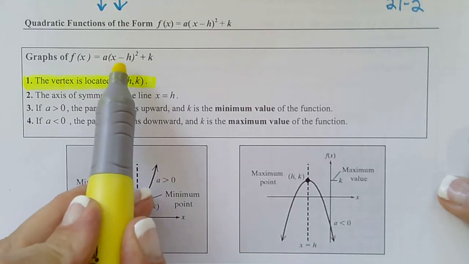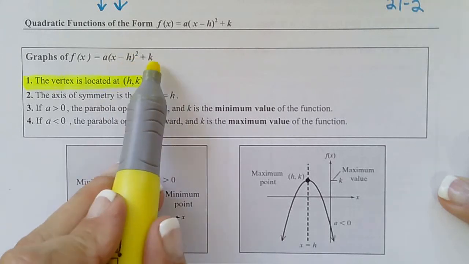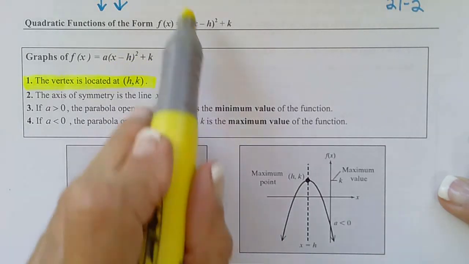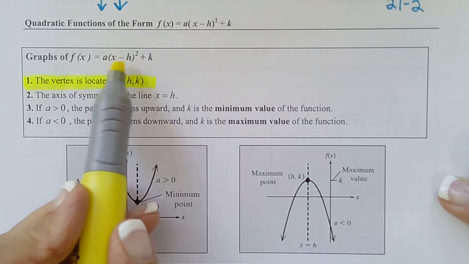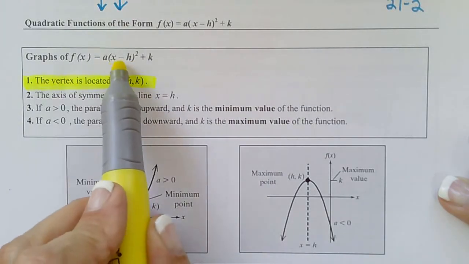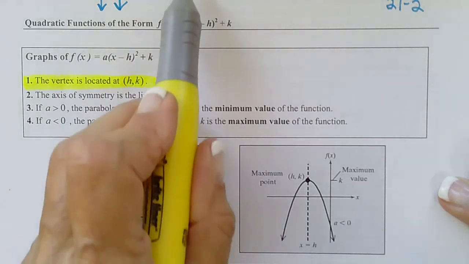So the vertex is the opposite of what's with the x. So it's h, comma, k. So it's right h units, up k units. Because remember how we always do the opposite, negative means go to the left, but when it's with the x, that means right h units, up k.